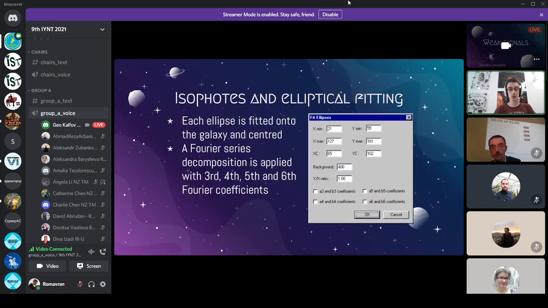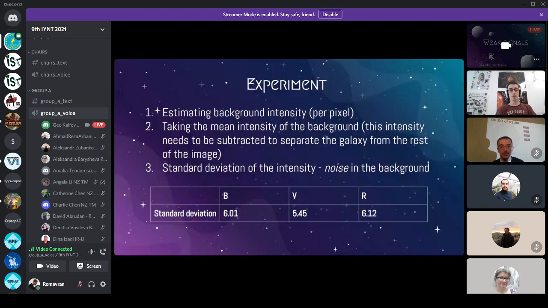We used this profile here to define the Fourier coefficients for every isophote and to center it onto the galaxy of the frame. Then we estimated the background intensity and took the mean intensity. The standard deviation from this background intensity will serve as our noise in the background. The values we obtained are displayed in the table below.